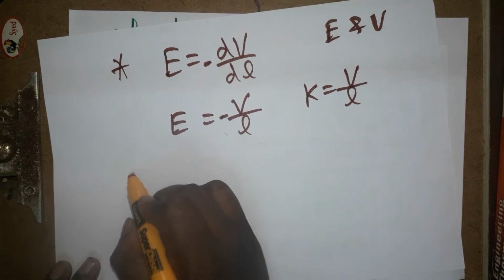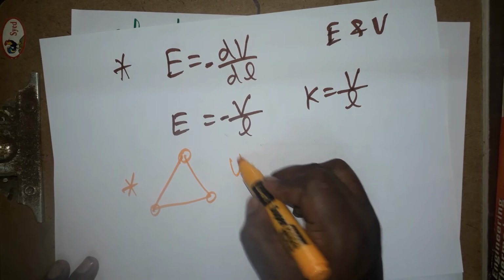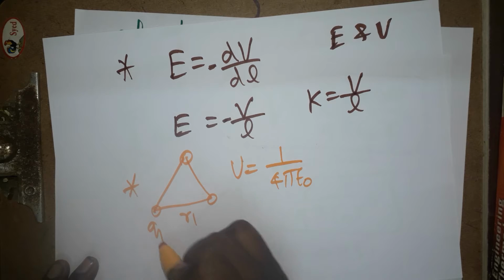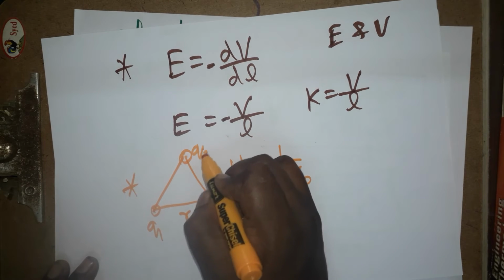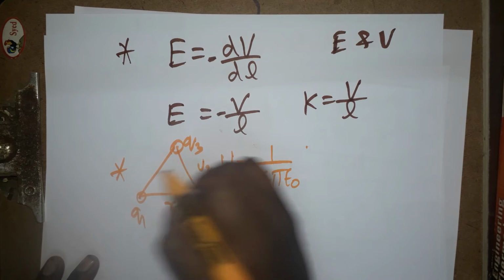Now 3 charges are placed in an equilateral triangle. What is the energy stored in this? It is 1 divided by 4 pi epsilon naught, with distances R1, R2, R3 and charges Q1, Q2, Q3. So it is energy 1, energy 2, energy 3.